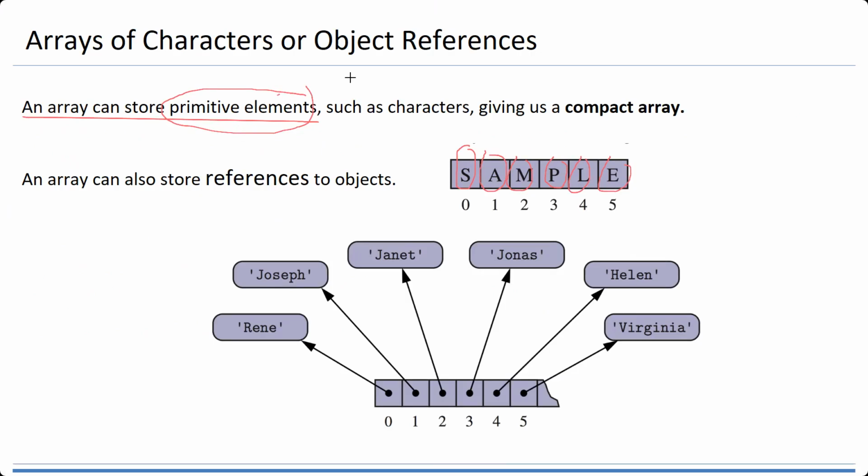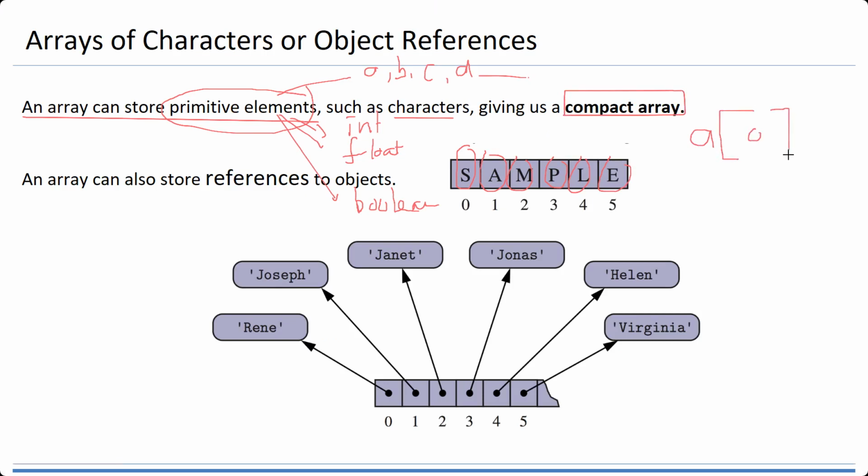We call them primitive elements because we can save a character, like A, B, C, D, or an integer, or a float, or a boolean. Those are the primitive elements, and we call this a compact array. Whenever we call the data, let's say this is the data with variable A, I can check A index 0, and directly I get the result, S.